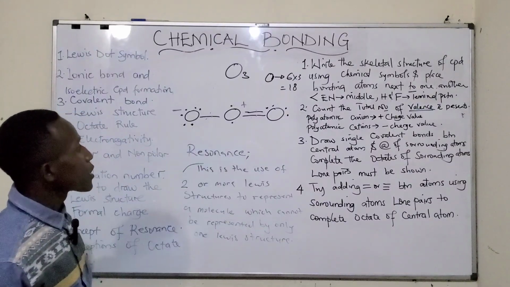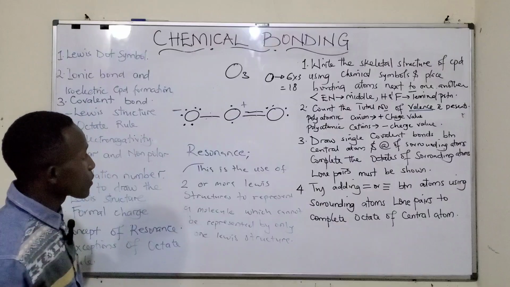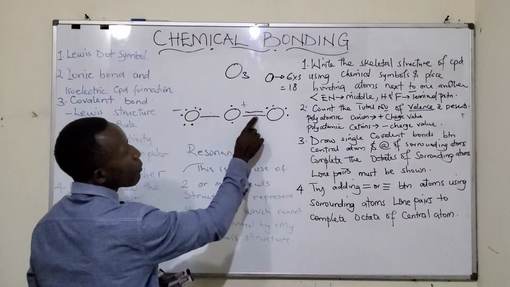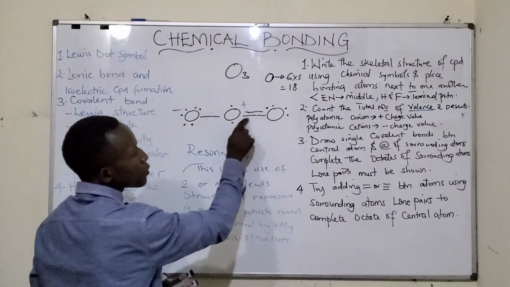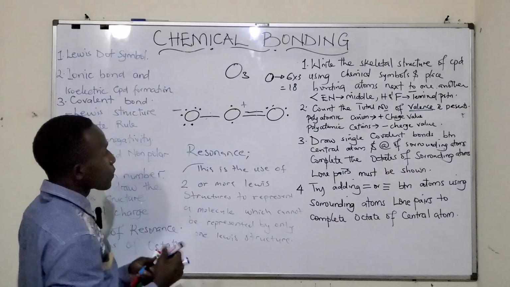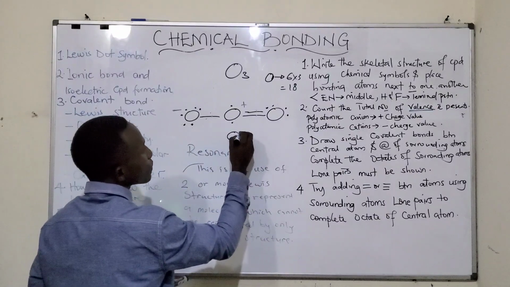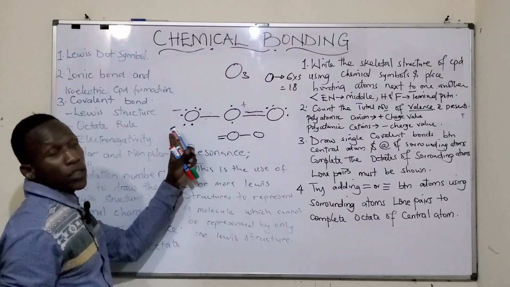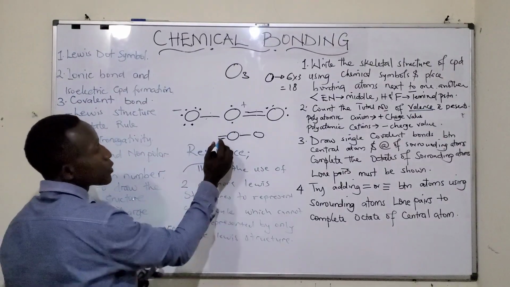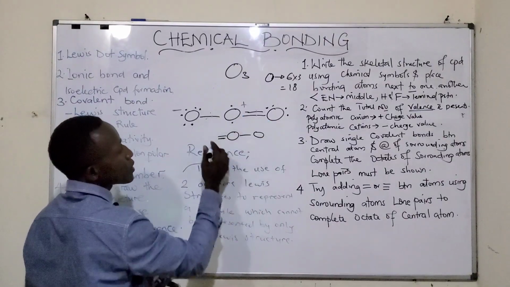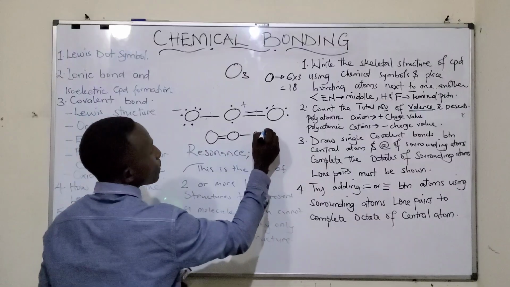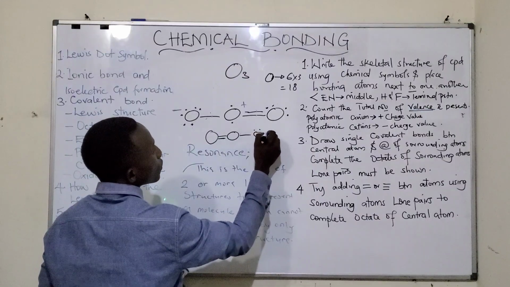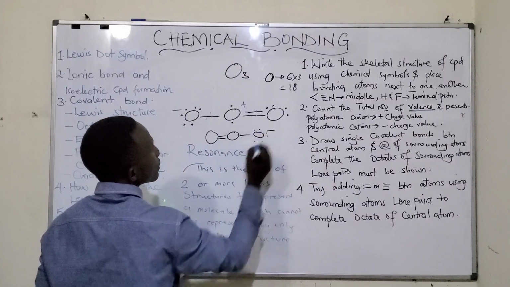We have this very example of the ozone. We say that we can borrow a bond from this oxygen, put it here. But at the same time, we can use this. And this bond, it's at this oxygen and this. It's in between these two, not this and this. So this one will be 1, 2, 3, 4, 5, 6 minus.